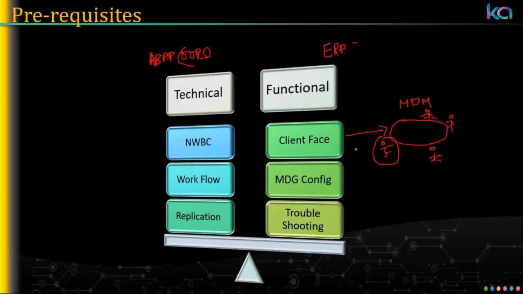So we are coming up with an MDG solution to replace those traditional ways of handling master data management with a state-of-the-art application which is tightly integrated with SAP. Being a master data functional consultant, we should have the knowledge of master data and how it's being used, and we would require MDG configurations completely and troubleshooting techniques.